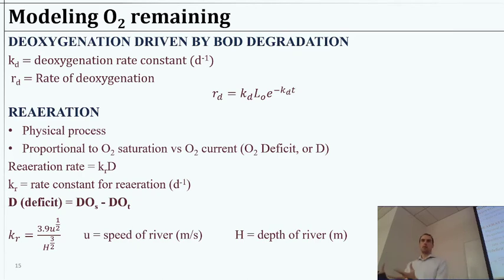The water can hold more air, so as it's exposed to oxygen in the air, it's going to be crossing over. That process, however, is driven by how much of a gap there is, how much of a deficit. If there's a big oxygen deficit, then there's a lot of drive to push the oxygen into the water. And so the reaeration occurs faster when there's a bigger deficit.